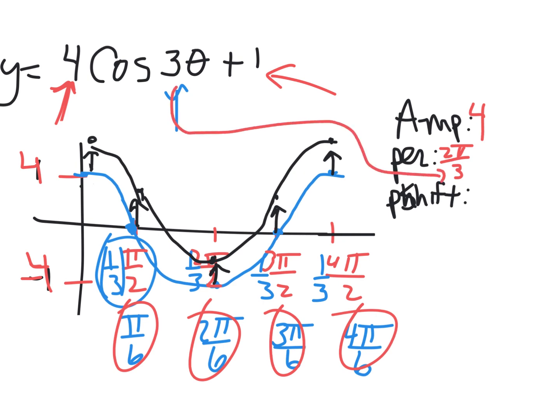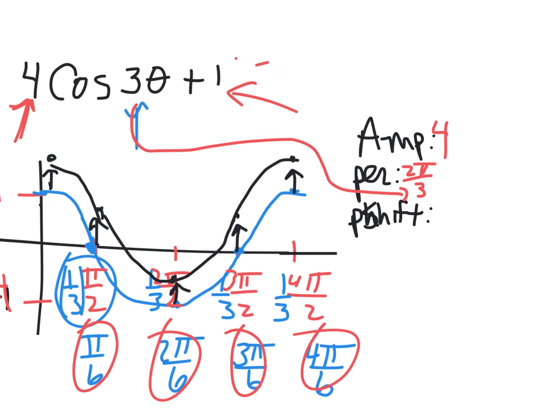Nice job. And Rissy, just finish it off. The phase shift? None. But what about this? That's not a phase shift. Phase shifts are on the inside. No. I can't write no, apparently. No. Or not. Or does not exist. There is no phase shift on this one.